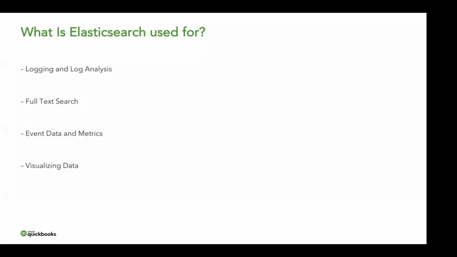It's also used for visualizing data. It has a nice tool called Kibana on top of Elasticsearch, wherein you can create dashboards and analyze the data that you have. Today, we are going to focus on search and the event data areas.